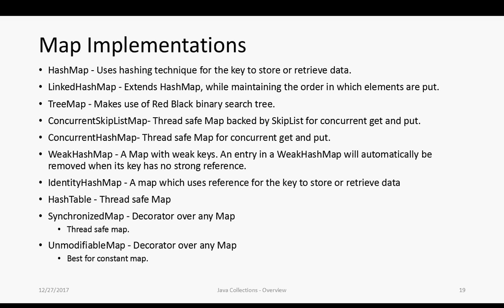Concurrent skip list map, we talked about the skip list, and this map you can use for concurrent access. Concurrent hash map, basically two or more threads can access or act upon this hash map. A weak hash map is where the key is a weak key.